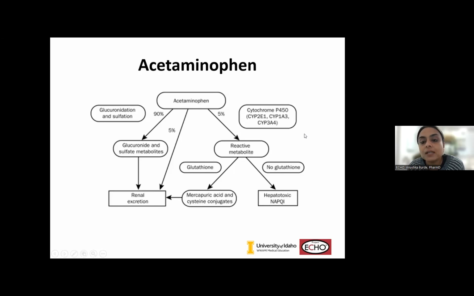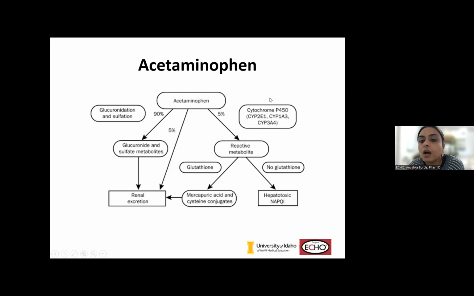What happens is, in those people who consume alcohol, the cytochrome P450 system is highly induced. What that means is that it's trying to pull the acetaminophen into the more reactive metabolite pathway as compared to the glucuronic acid and sulfate metabolite pathway right here.